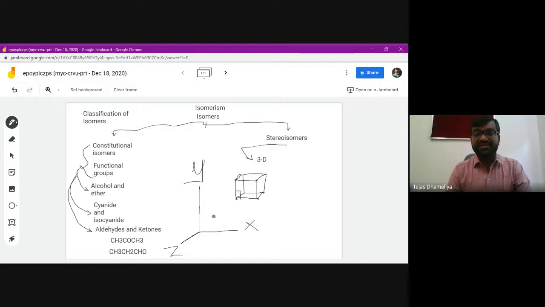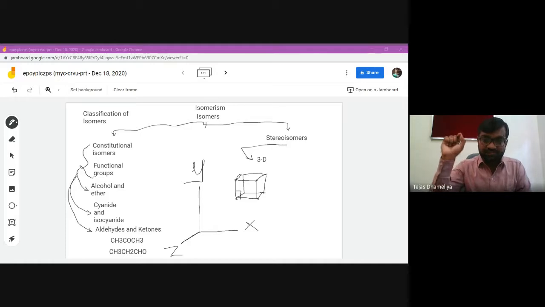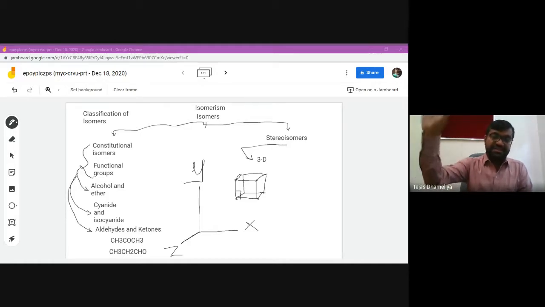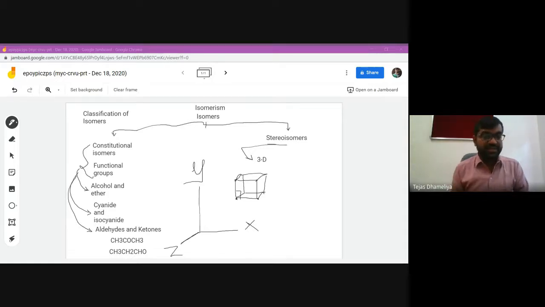So these isomers are called stereoisomers: the isomers which differ from each other in three-dimensional space. I hope I am able to make clear what 1 dimension, 2 dimension and 3 dimension are. With this example, 1D, 2D, and 3D will be clear.